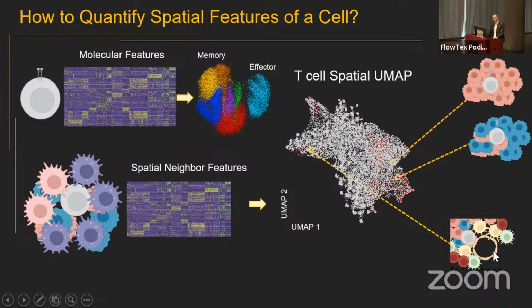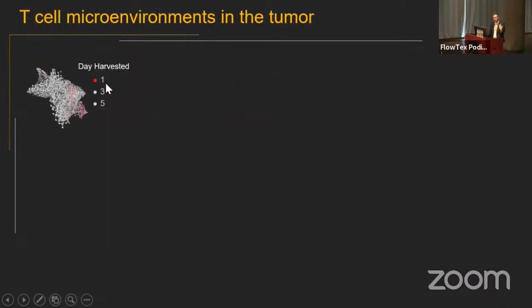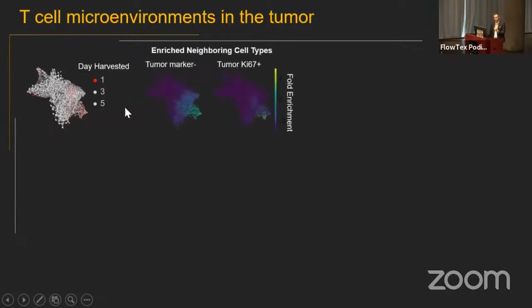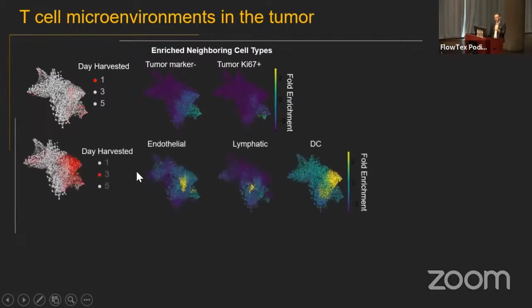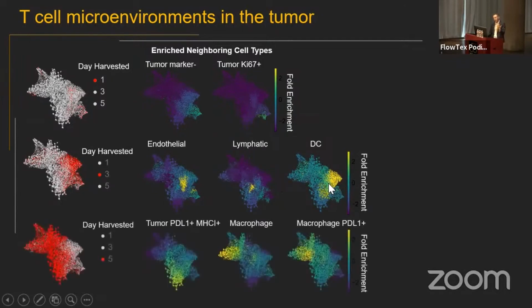We ran this for the data, and I'm plotting now the T cells found from day 1. We can see that they're mostly aligned with tumor cells that are either proliferating or marker negative. Whereas by day 3, the T cells are getting into the space with more immune cells like dendritic cells. And by day 5, they're found across the board, and particularly arranged with inflamed tumor cells and macrophages.